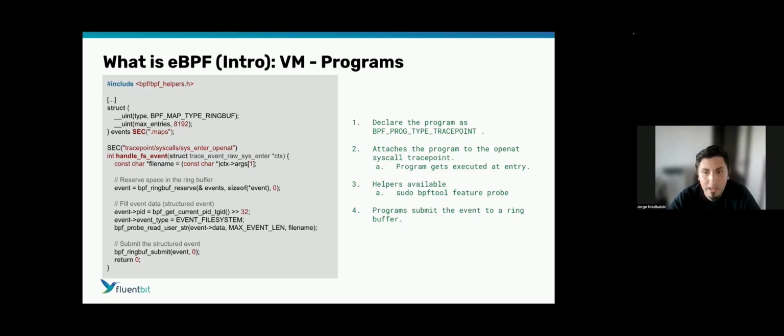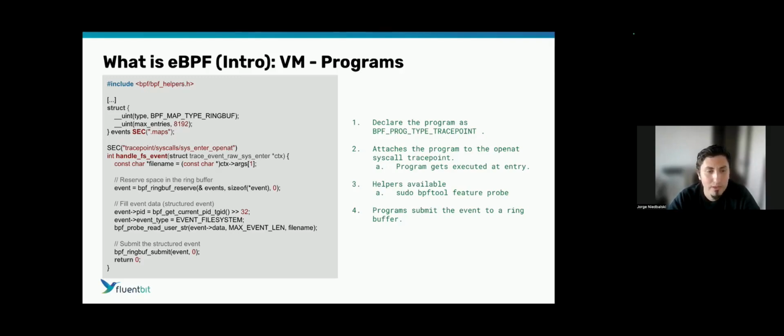Of course, I will have a subset of helpers available for accessing different functionality here. You can use bpftool for seeing what features and helpers are available for this particular type of program.